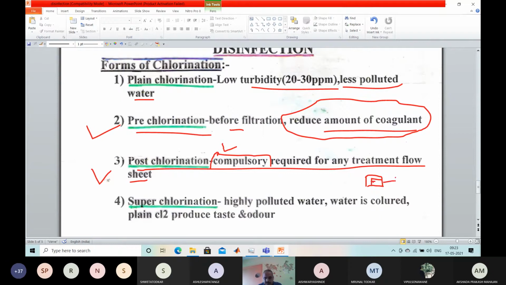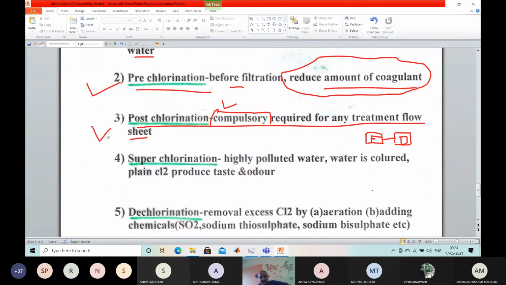After the filtration unit, a disinfection unit is compulsory. We cannot touch this disinfection unit, but if you want, you can also apply chlorine before filtration to reduce the amount of coagulant.